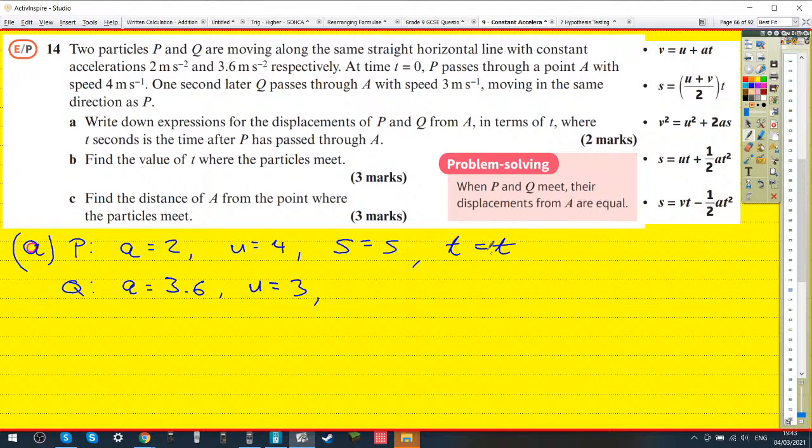So they just want an expression for it. So we won't get an answer as such. It'll just be like a formula for it. An expression for displacement. So S is S. And in terms of t, where t seconds is the time after P passed through A.